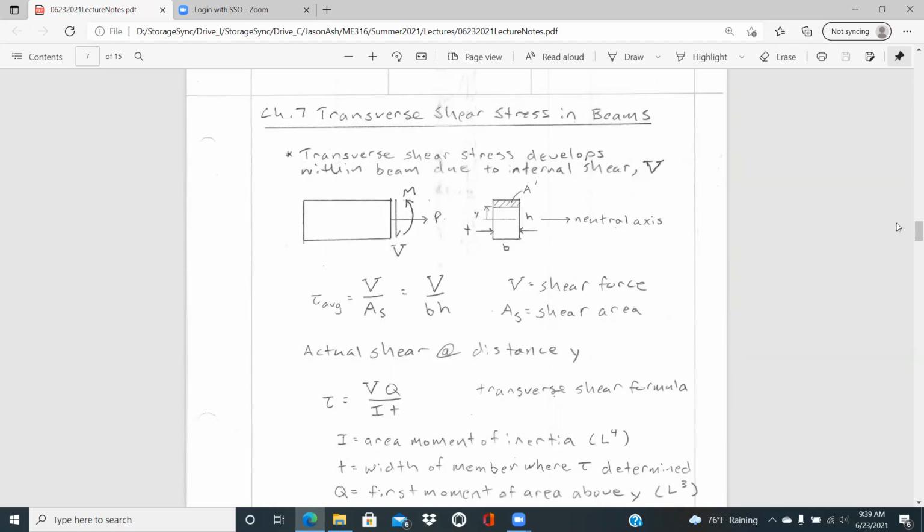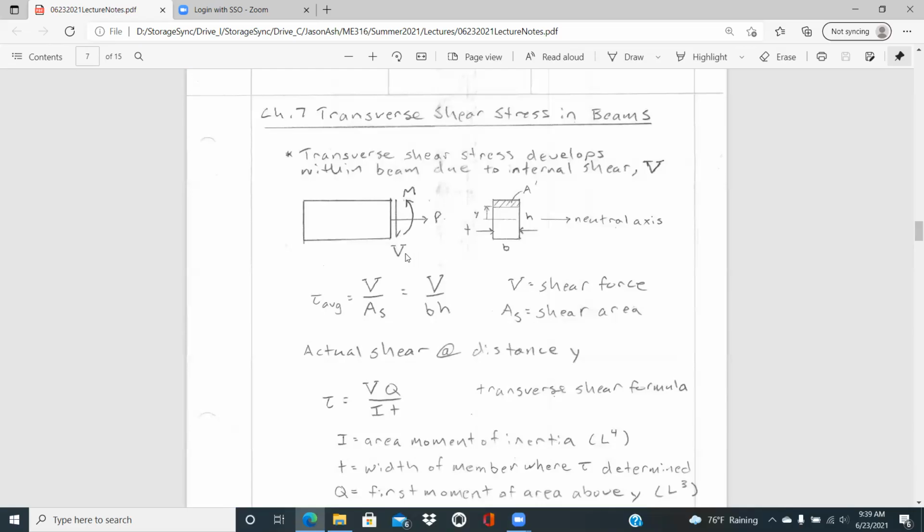And there's a couple ways to describe how that transverse shear stress develops. One, there's a shear force there, so obviously you're going to have a shear stress.